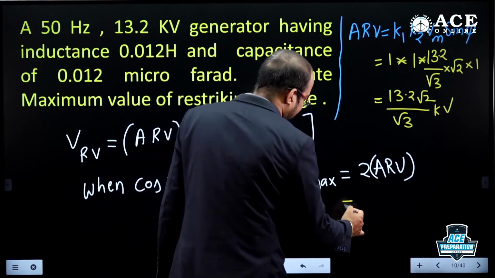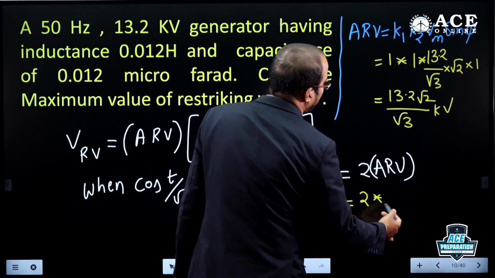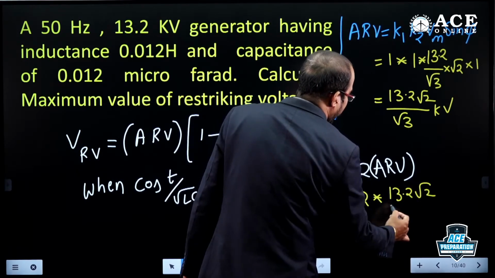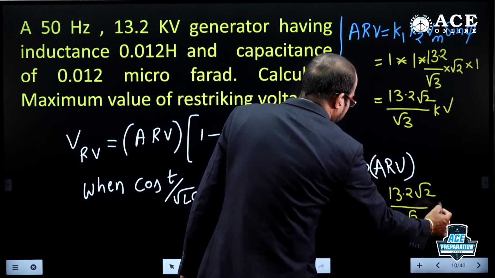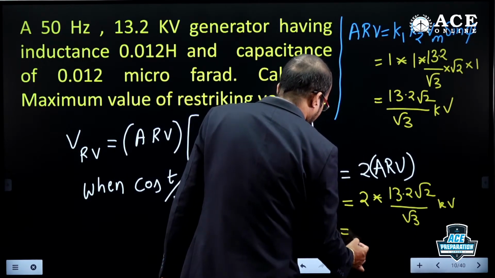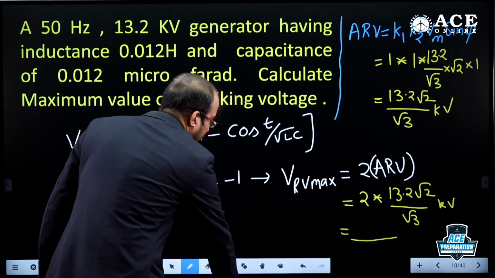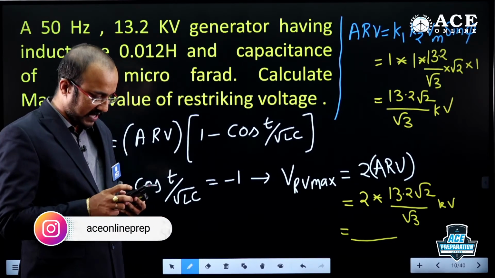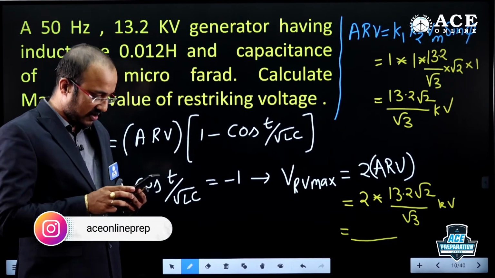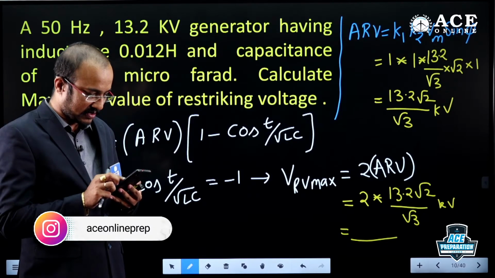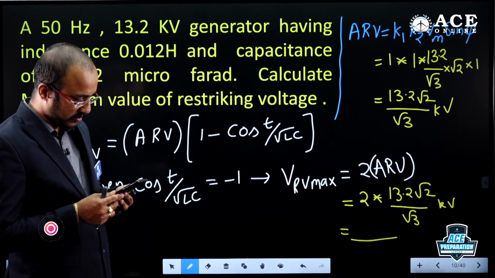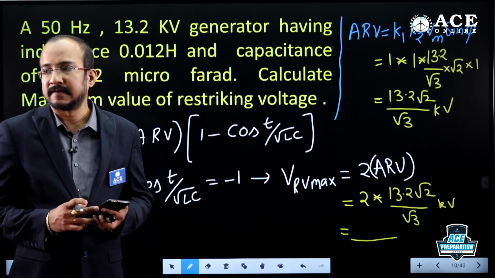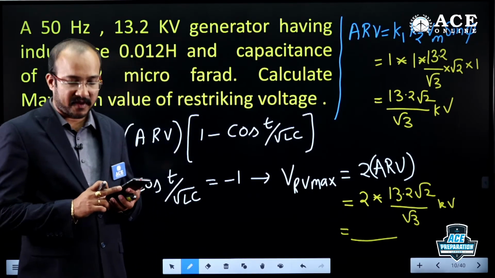Now what is VRV max? 2 times active recovery voltage, 2 times 13.2 into root 2 by root 3 kilovolts. Try to simplify this and post the answer. What is the maximum value of restriking voltage?